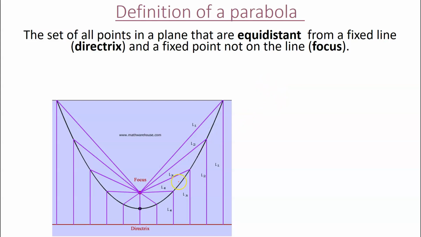Okay, so let me explain this. Equidistant. Here's a line down here. This is our directrix. And here's that focal point right there. Obviously, we can go straight down. If we do that, then equidistant means that this length is congruent to this length. That's a term from your geometry days, congruent. But that's not the only place where we can make them congruent.